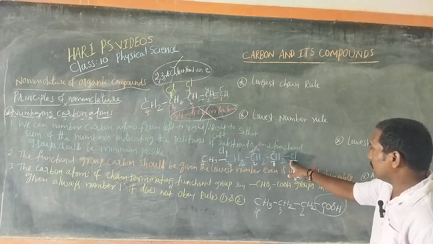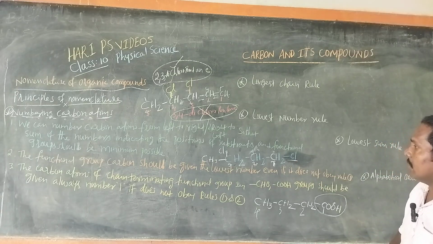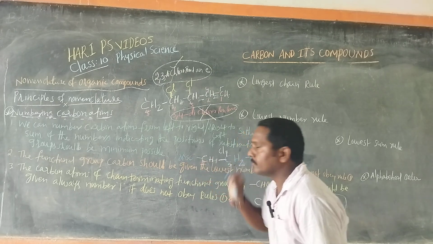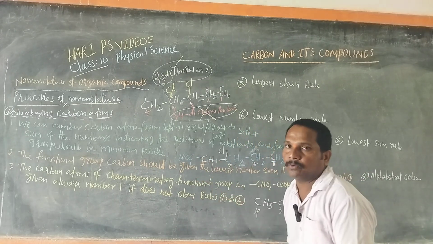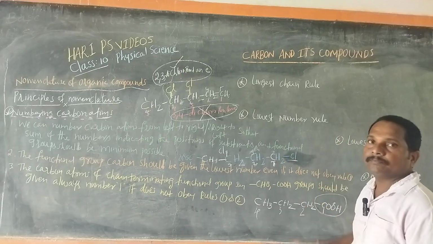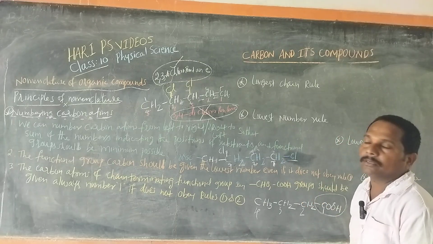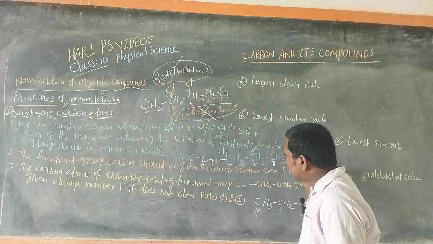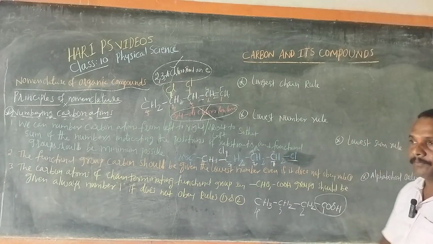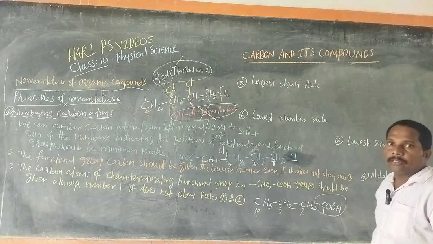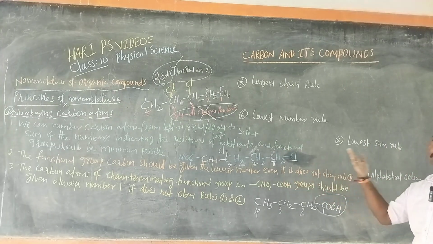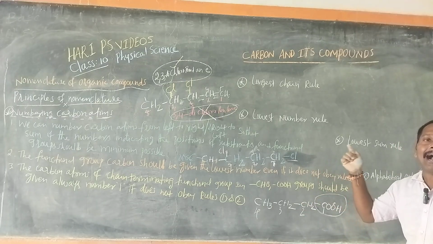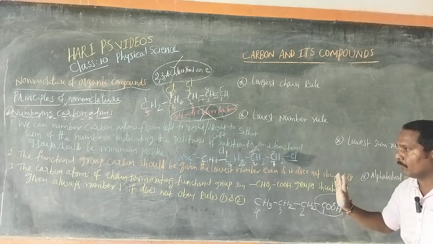If it has CHCl, and this carbon has COH, this is the first one. Second, third, fourth and fifth. This is the first carbon because it contains carbon directly in the chain. In the main compound, the functional group carbon should always be given number 1.